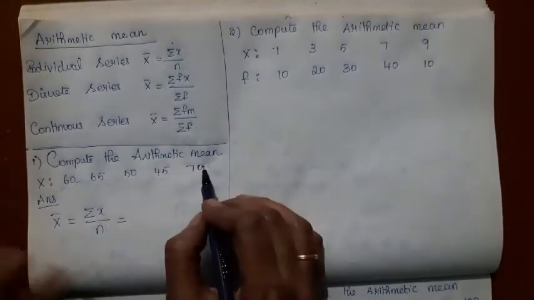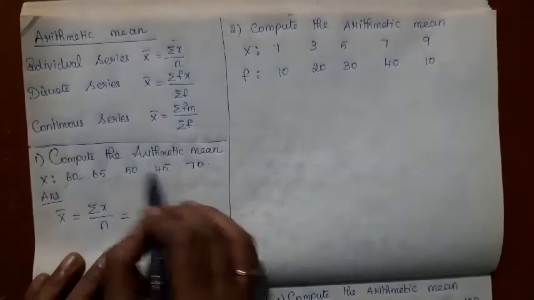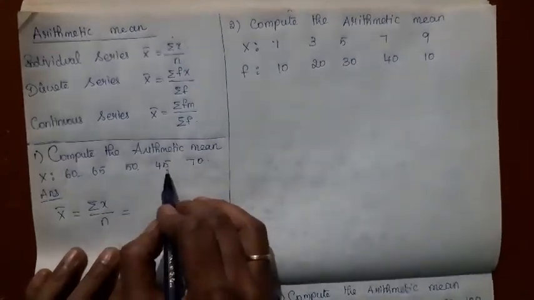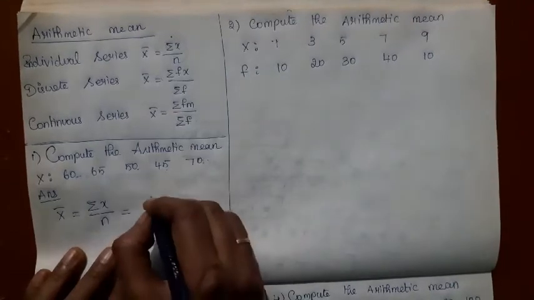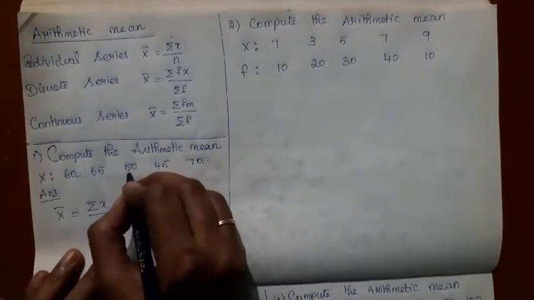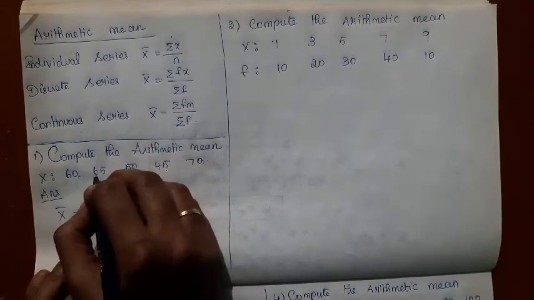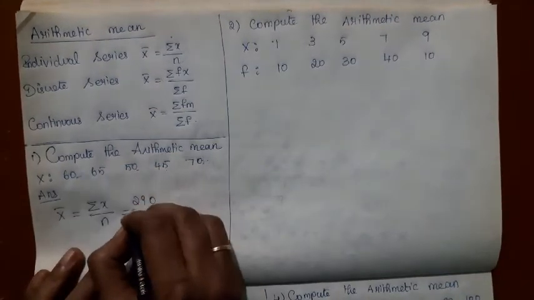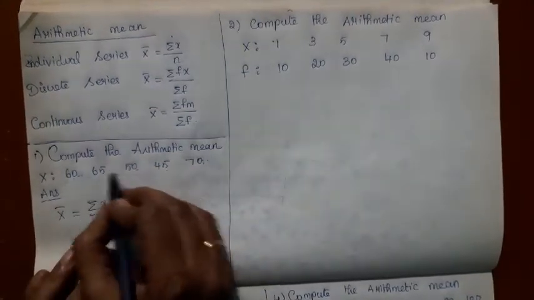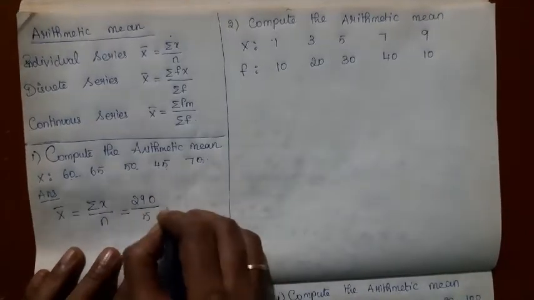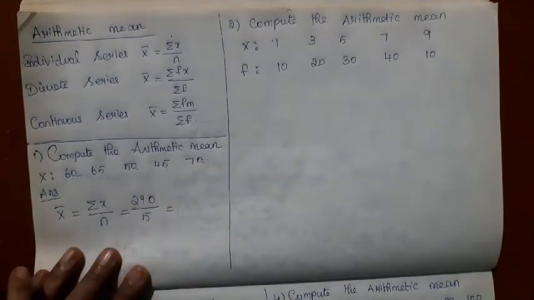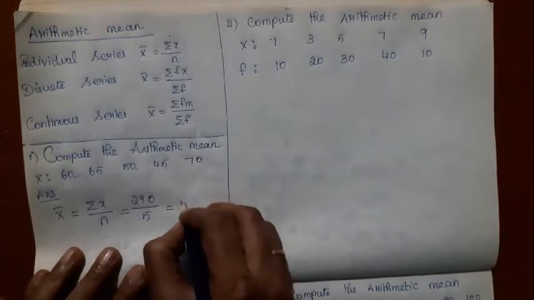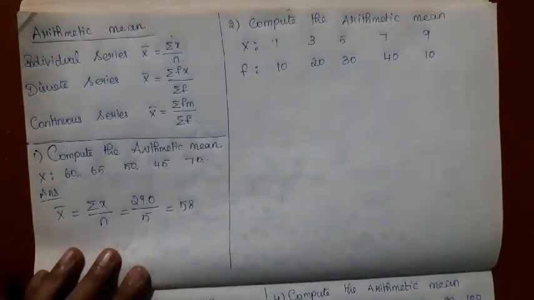Summation x, add all these values: 60 plus 65 plus 50 plus 45 plus 70, that is 290. Divided by how many values are there? 5 values, right? 290 divided by 5 gives you 58. So this is how you compute arithmetic mean for an individual series.